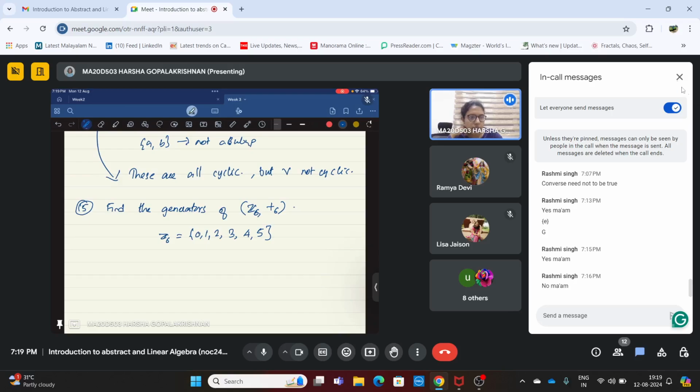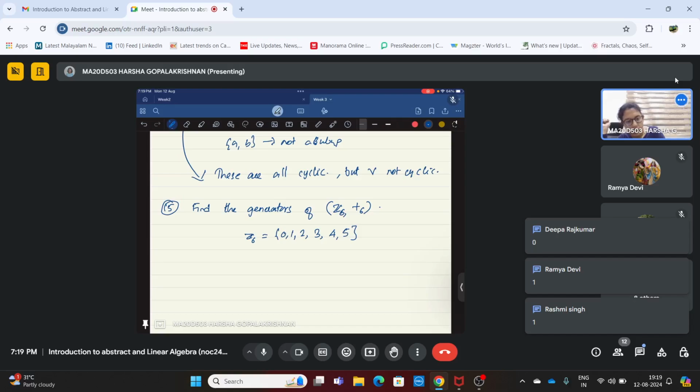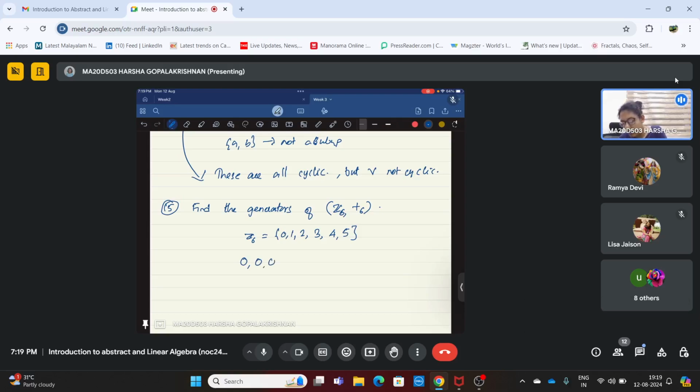What is a generator? Give me any generator. No, 0 is not a generator, right? Why? I am adding 0 plus 0, which means again 0. 0 plus 0 plus 0 is again 0. I am not going to get any other element other than 0. So 0 is not a generator. Someone has told already, 1 is clearly a generator.